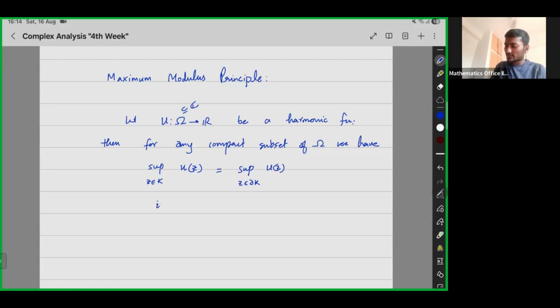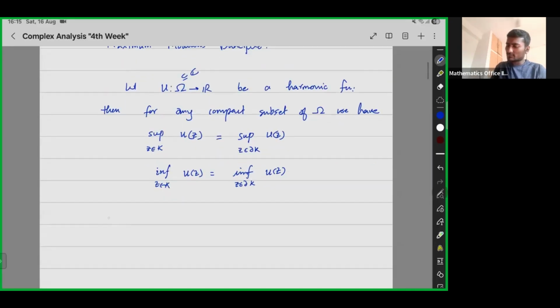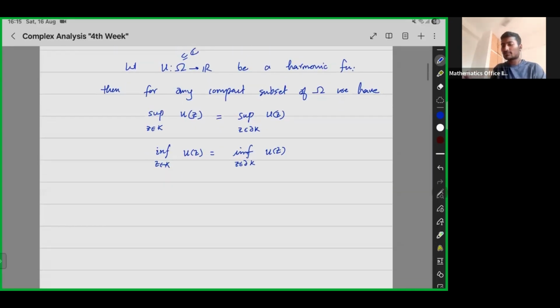And the same thing for the infimum: the infimum over z in K of u of z is equal to the infimum over z in the boundary of K of u of z. Using this, the similar maximum modulus principle for holomorphic functions was proved.